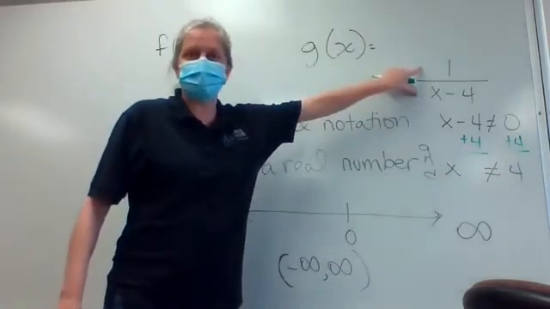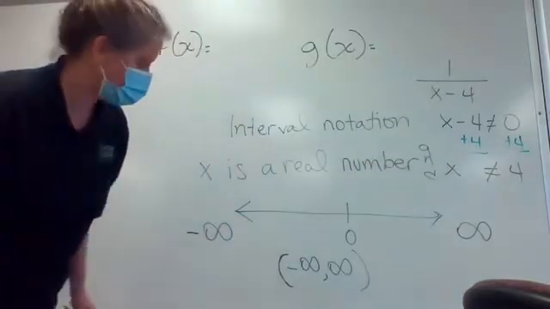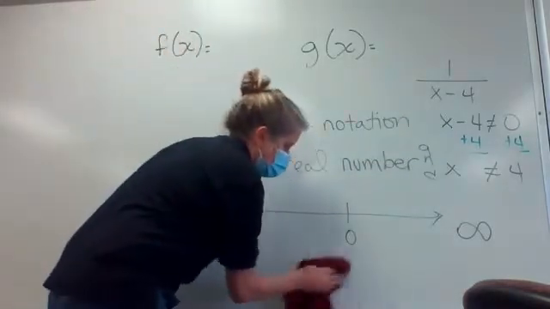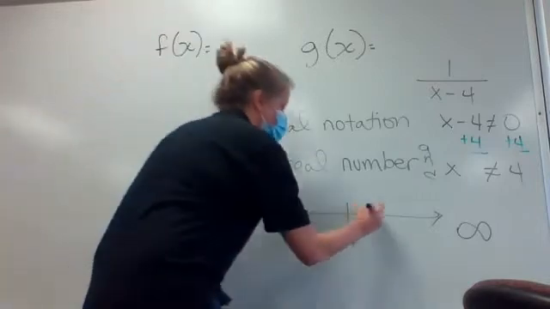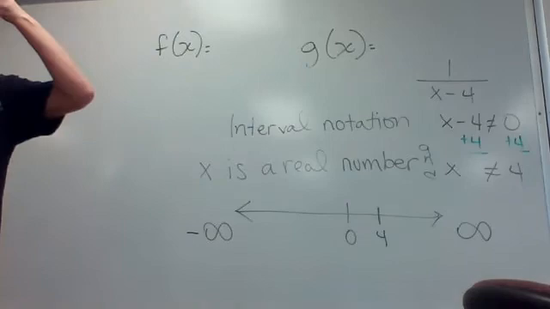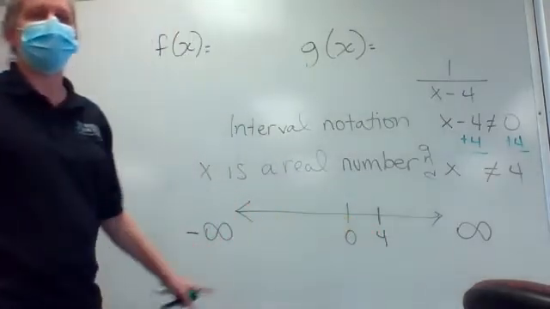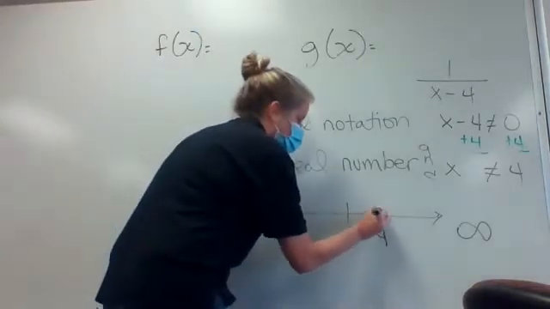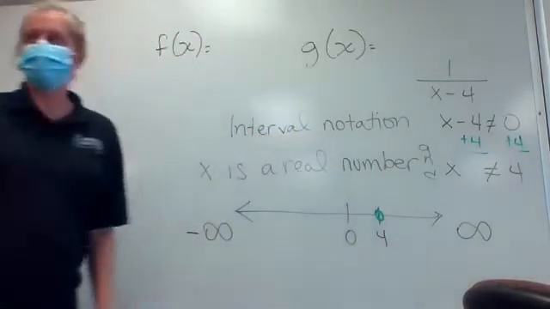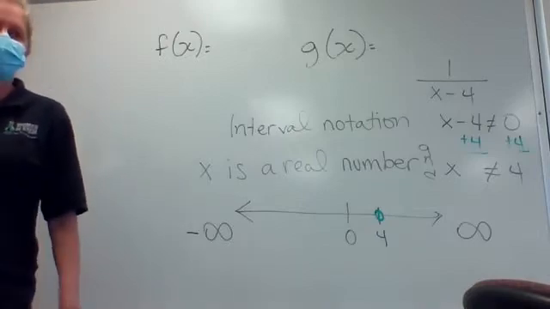If this was what we were talking about the domain of, let's see, where is 4 on the number line? Right there. I want to say all the numbers on the number line except 4. 4 is what needs to be left out of my domain.